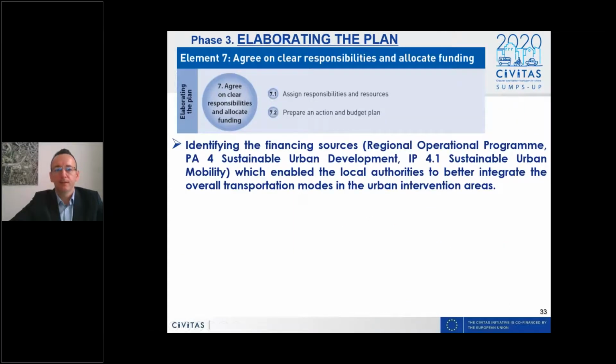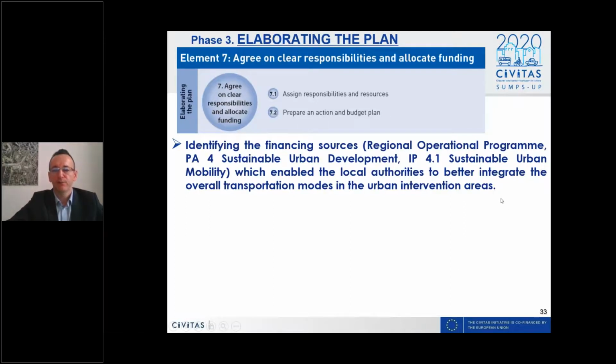Regarding the assigning of responsibilities and resources, we have identified the regional operational program as being the most important financing source in our case, because it has a priority axis dedicated to sustainable urban mobility development through an investment priority number 4.8, sustainable urban mobility, which enabled the local authorities to better integrate the overall transportation modes in the urban intervention areas.